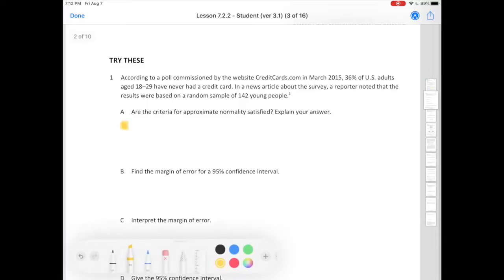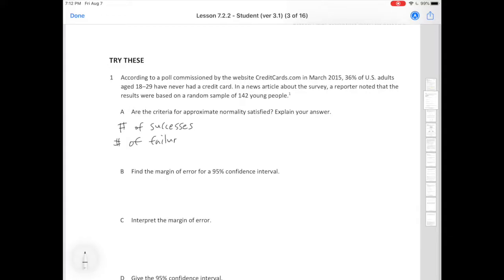Okay, so we need to check that the number of successes and the number of failures are at least 10, right? Now, the problem doesn't tell us in that sample how many actual adults have never had a credit card, but they tell us that 36% of them have.